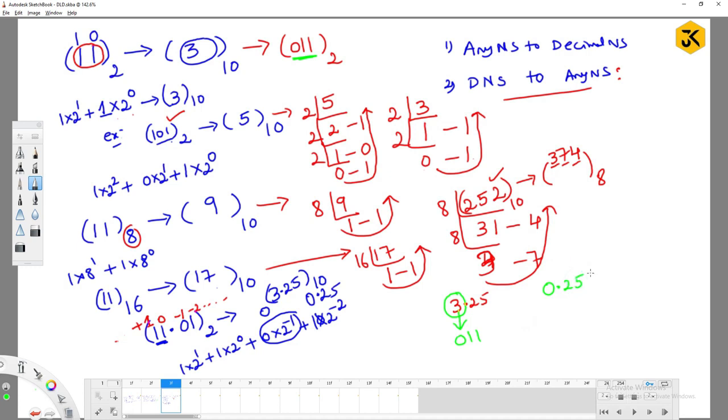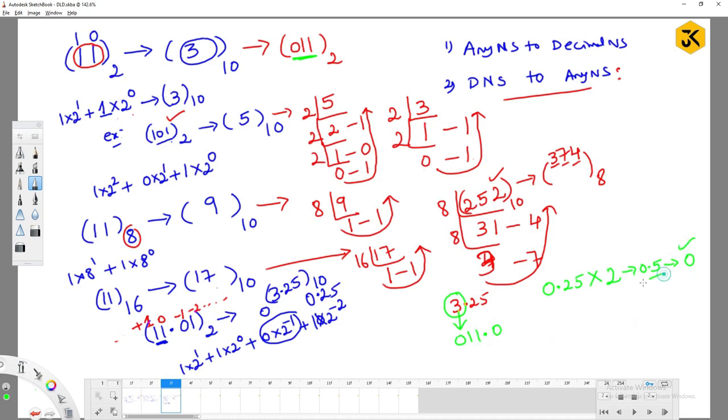That should be multiplied by the destination number system base. 0.25 into 2 is 0.5. Take out the integer part, that is 0. After the point you can add this 0.